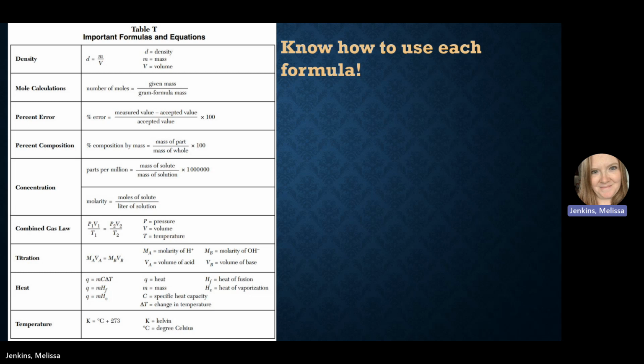Hydrogen's atomic mass is 1, oxygen is 16, but I have 2 hydrogens, right? So that's 2 plus 16, it would be 18 grams per mole, okay? If it was just H2, it would be 2 grams per mole. If it was O2, it would be 32 grams per mole, okay? And if it's anything else, you just have to add up the totals, and you want to use the atomic mass. So that's what we're using from the periodic table, okay?